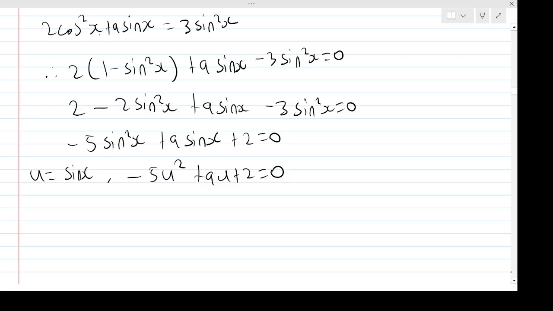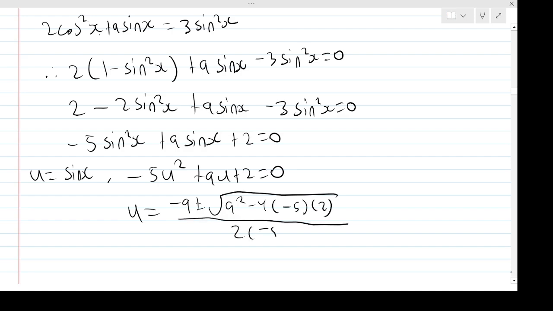So if we solve that, we're going to get u is minus 9 plus or minus the square root of 9 squared minus 4 lots of minus 5, 2, over 2 lots of minus 5. And then if we put that in the calculator, we get u is 2 or u is minus a fifth.